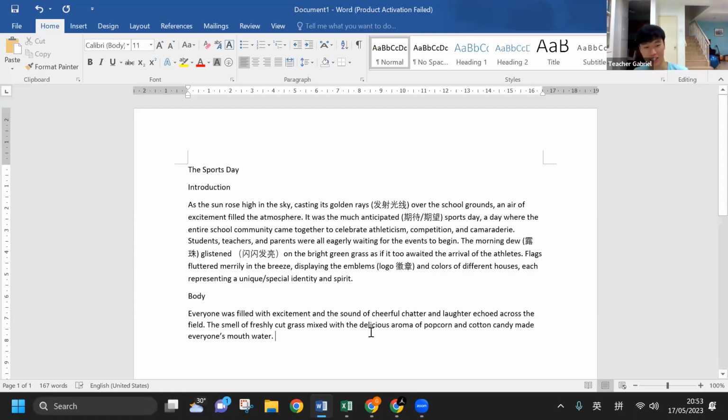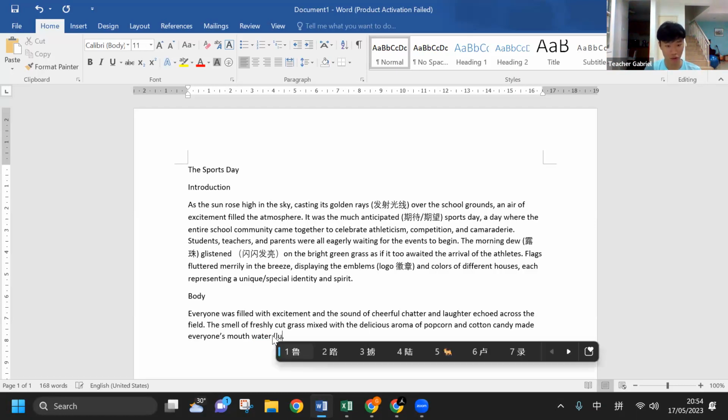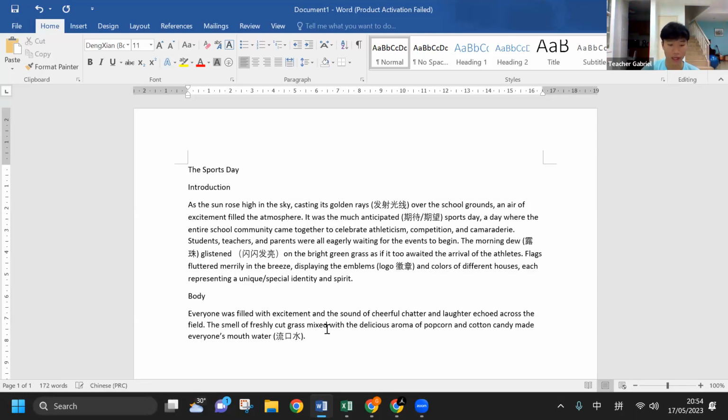Yeah, so mixed with the delicious aroma of popcorn, 就是你也是有 popcorn 的档, 还有 cotton candy, OK, 的档摆在你的那个 field 的旁边, OK, 然后你可以嗅到很香的味道. Alright, so it made everyone's mouth water means that 全部人嗅到的时候他们就流口水啊. OK, so this is what does make everyone's mouth water mean, OK, so 流口水, OK, yeah, made everyone's mouth water.